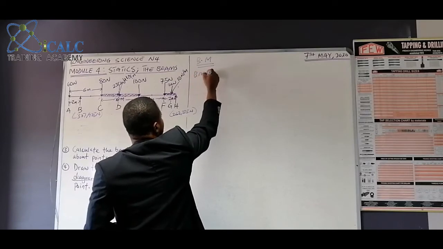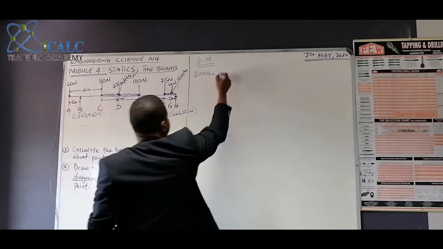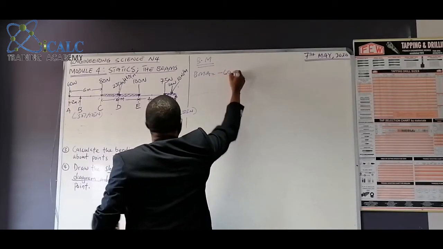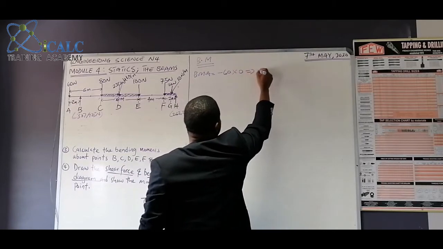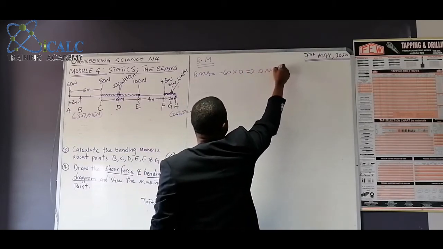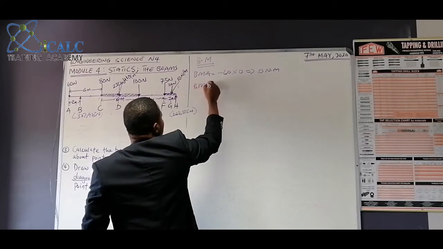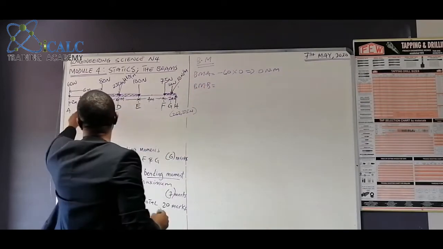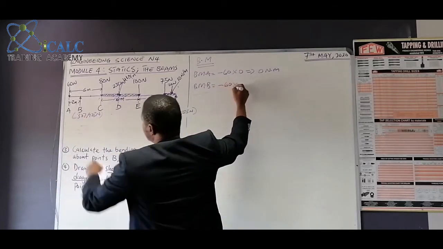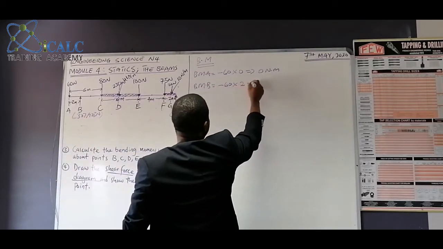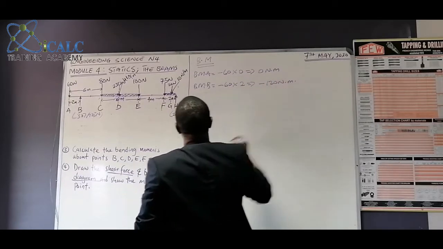We shall start with bending moment of A. We have 60 going down minus 60, and the point here is 0. So we shall have 0 Newton meter. Bending moment about B. This is B. So we say minus 60 multiplied by 2 shall give us minus 120 Newton meter.